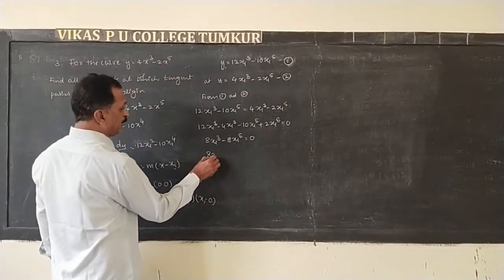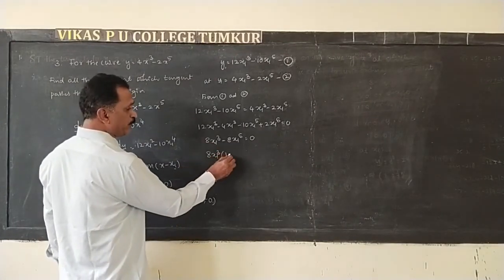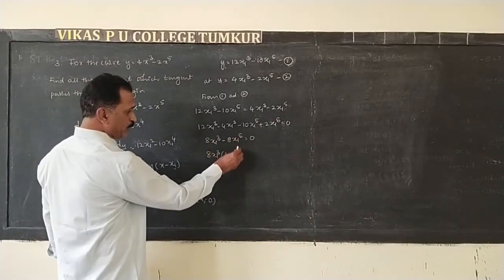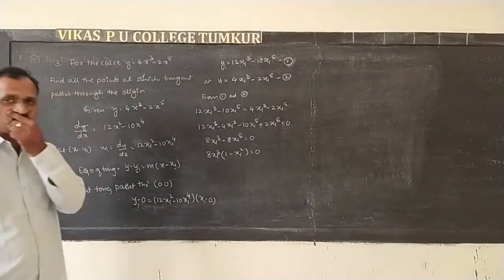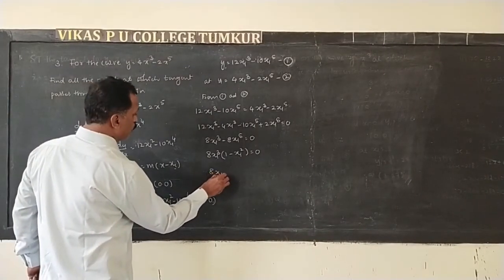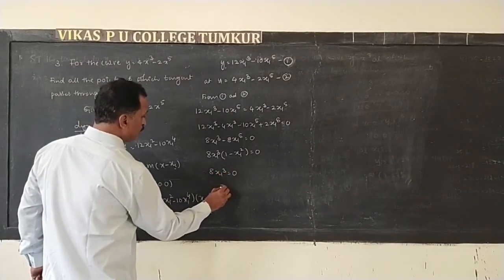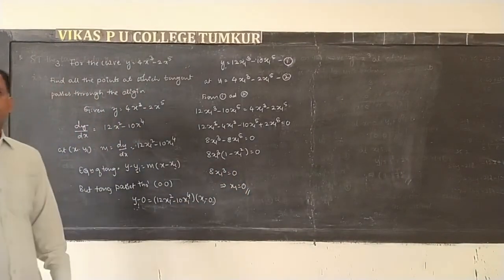So if I write 8x1 cube as a common factor, what remains is 1 minus x1 square is equal to 0. Therefore, 8x1 cube is equal to 0. This implies x1 is equal to 0 is the first point.